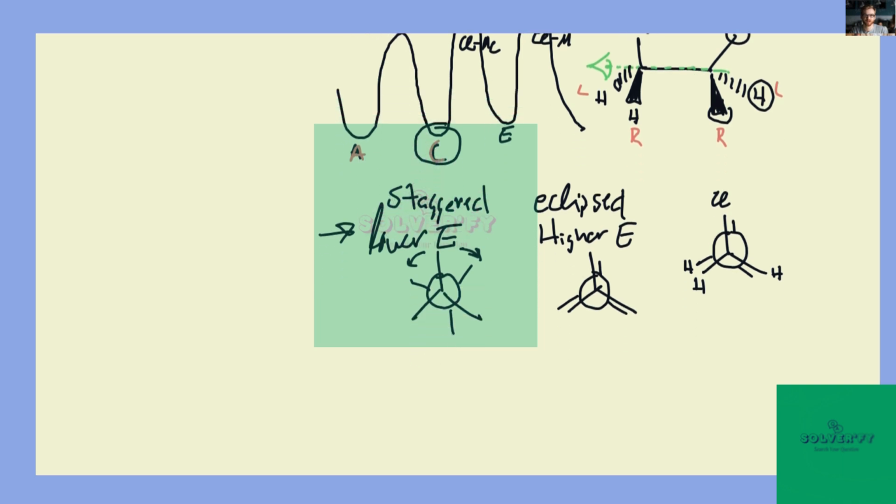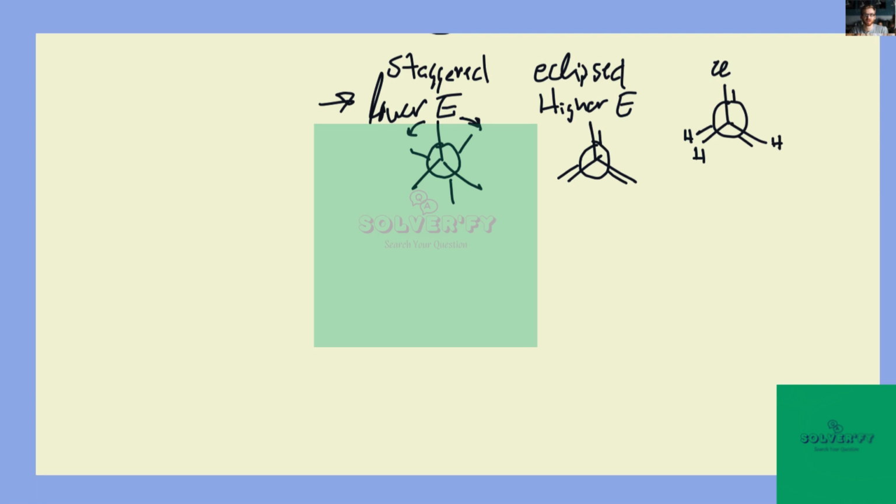Okay, so we want to draw a staggered conformation. Just use the same setup with chlorine in the front, hydrogen down to the right, hydrogen down to the left. And then think about what rotations we could do that would put chlorine in between a methyl and a hydrogen.